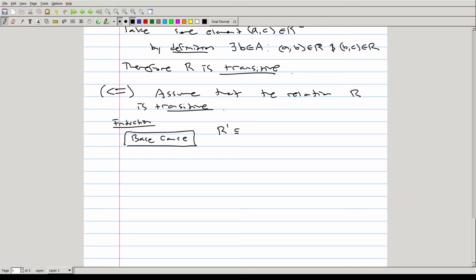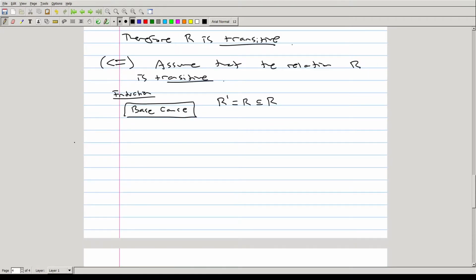R to the 1 is by definition equal to R, which means it's trivially a subset of R. And R squared is a subset of R by definition of transitivity.